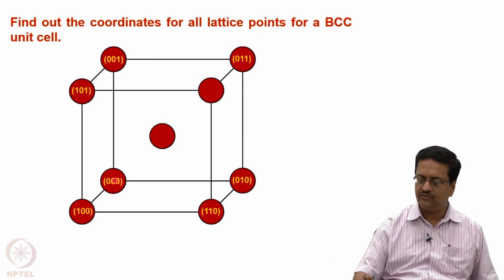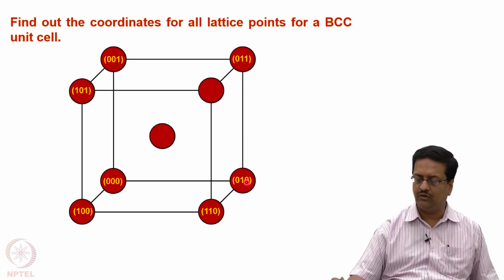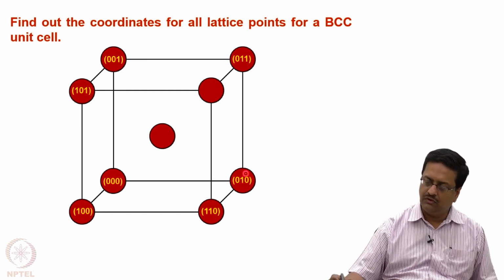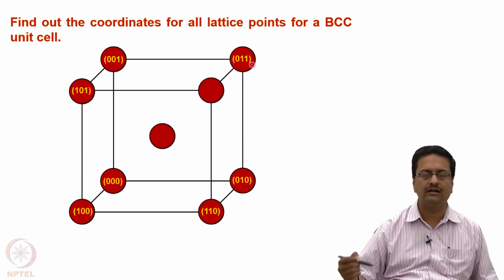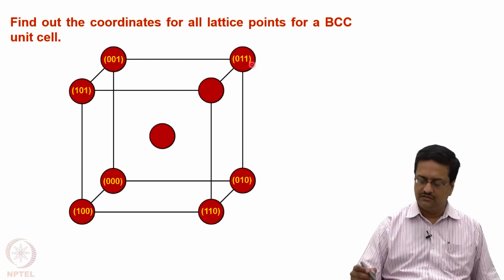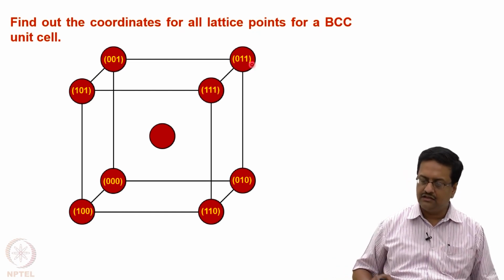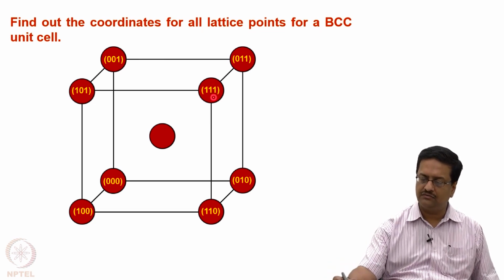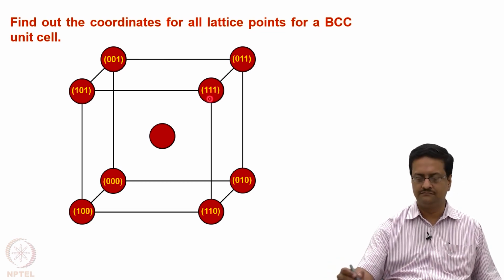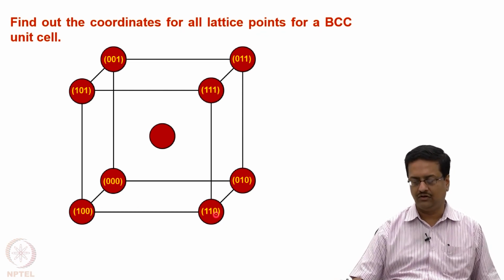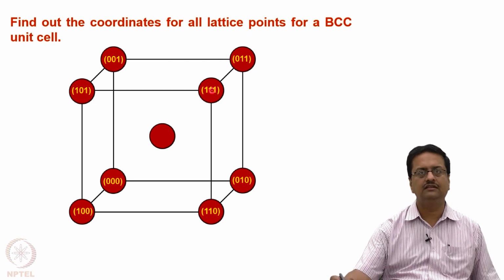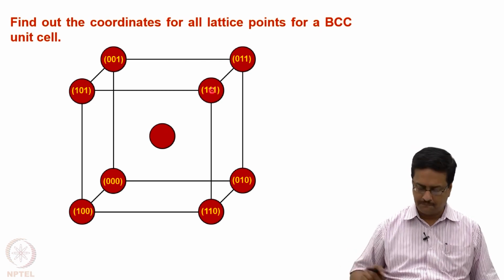Similarly, from here you go 1 unit along y, you go 1 unit along z, and not going anywhere along x means it is 0, 1, 1. So like that, the opposite corner of the origin becomes 1, 1, 1. We travel 1 along x, 1 along y, and 1 along z, so it becomes 1, 1, 1.